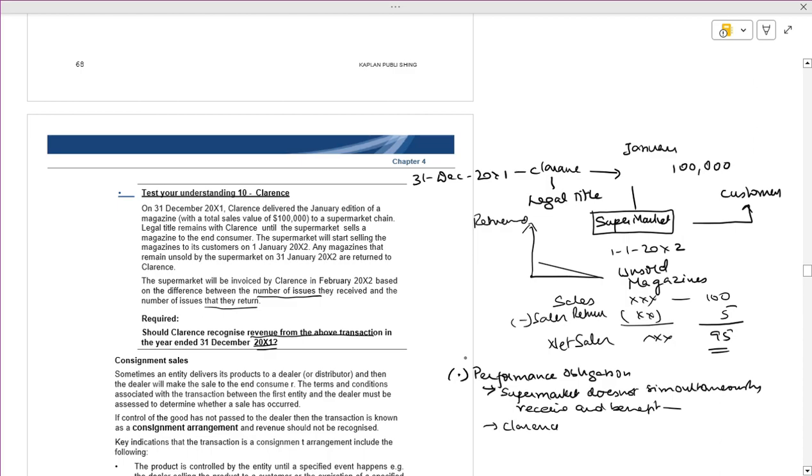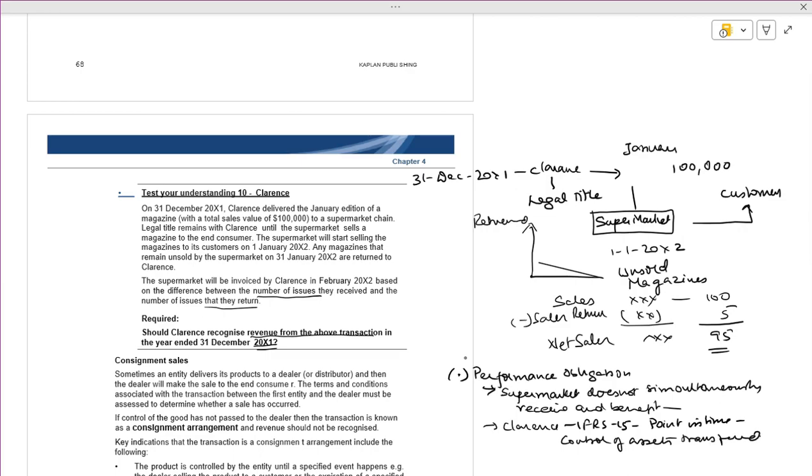See, when they will recognize under IFRS 15. Is that a point in time? Is it when the control of assets is transferred to the supermarket?